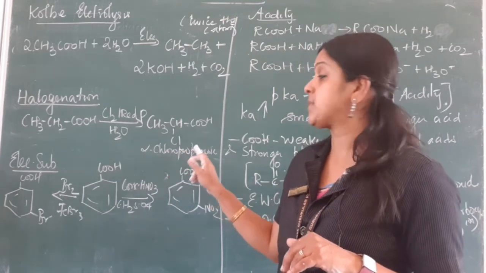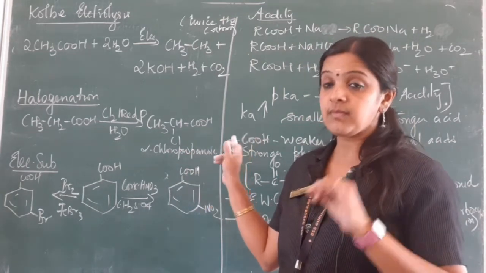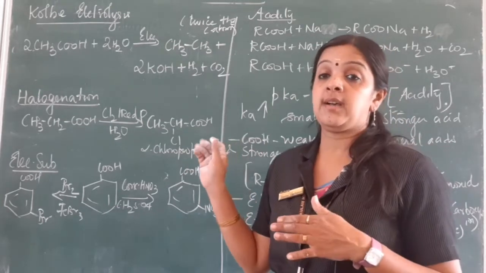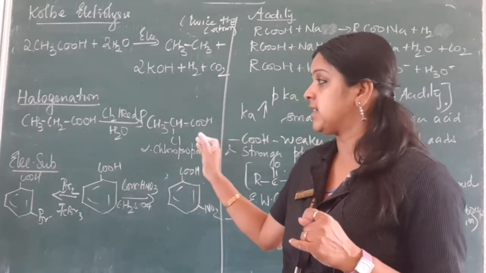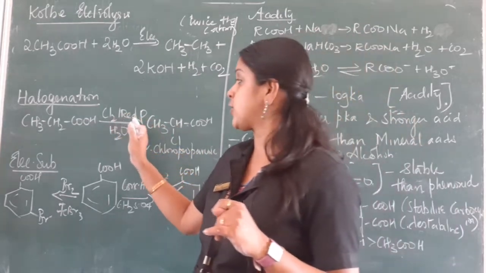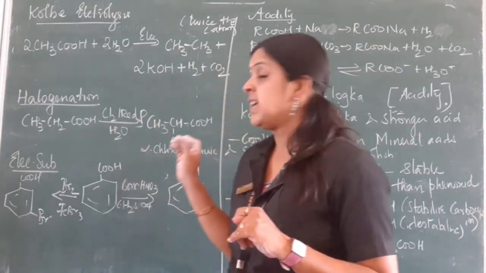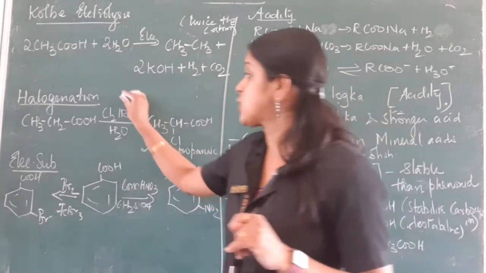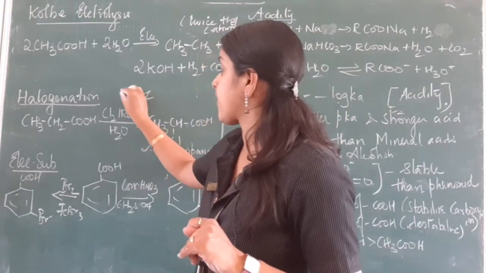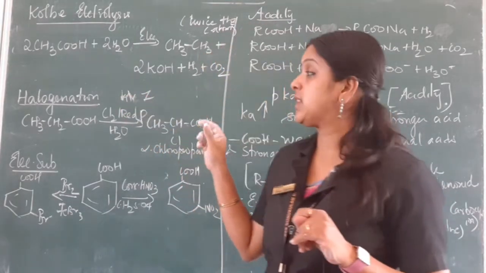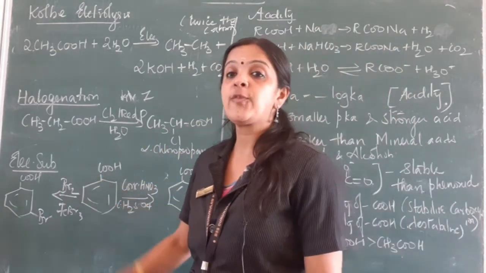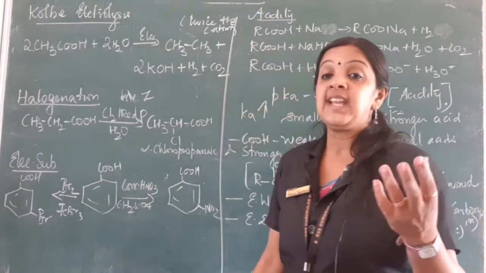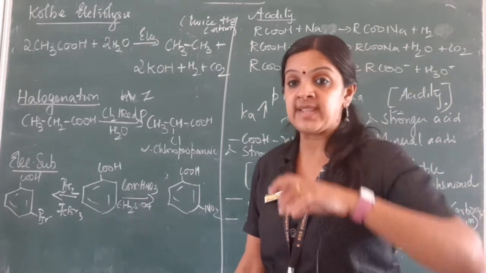So, this forms an alpha halo carboxylic acid, which is alpha chloropropanoic acid. This takes place in the presence of red phosphorus and water. This is also called the HVZ reaction, the Hell-Volhard-Zelinsky reaction.